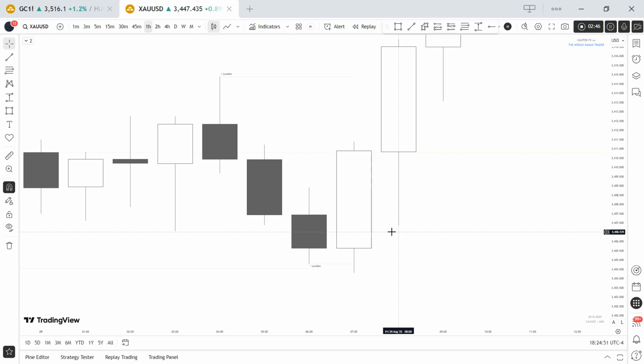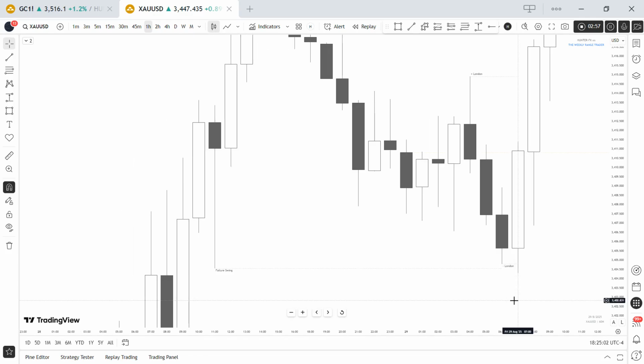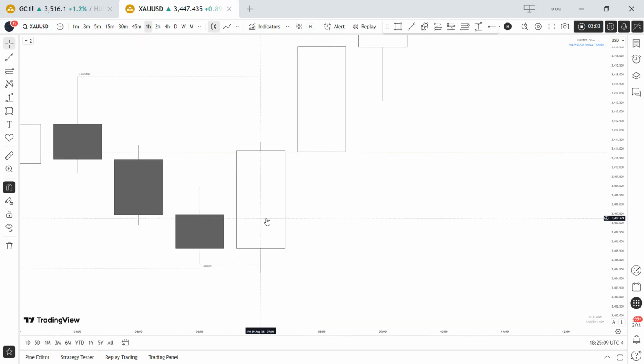And that's what I want to see at this exact time, in the right moment, at the right place. What makes this the right place? We have a failure swing, we have an order block. That's the right place. The right time, it's New York time. Am I clear? It's New York time.